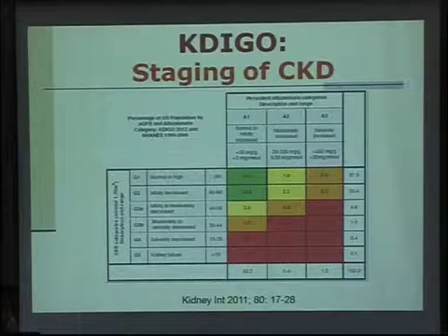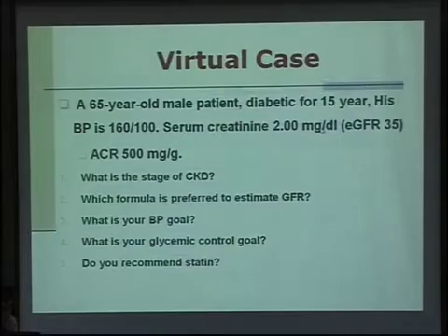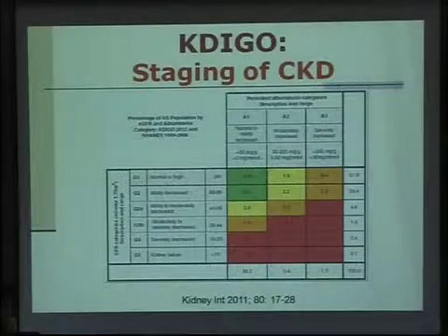But anyhow, this is how to use them. A1, A2, A3. If we go back to the case, this is 500 milligram per gram creatinine, which, if we look at albuminuria, is A3. So this is A3. Okay?